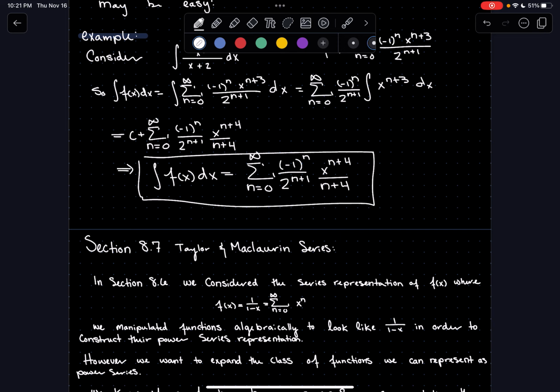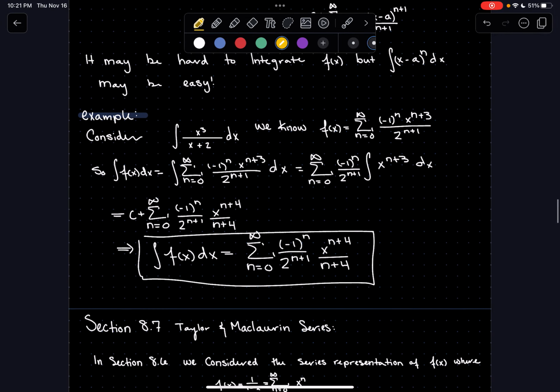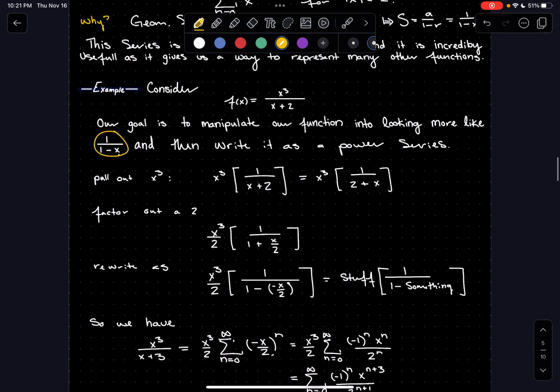Cool. So, not so hard. The original function wasn't hard to integrate, but obviously this is easy to integrate. And if you're doing a numerical simulation, this function here is good enough, right? At least in the region that you care about, right? This will only work if we'd be integrating from, we said the interval of convergence, did we say the radius?